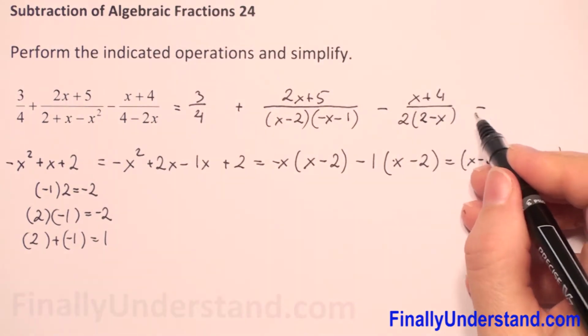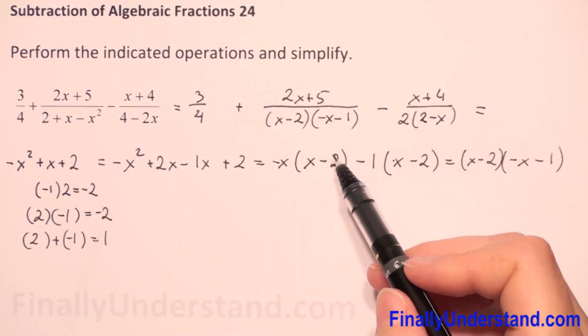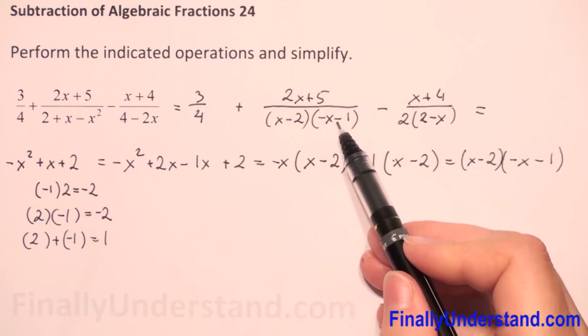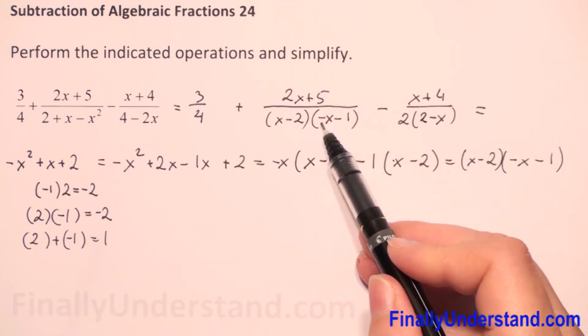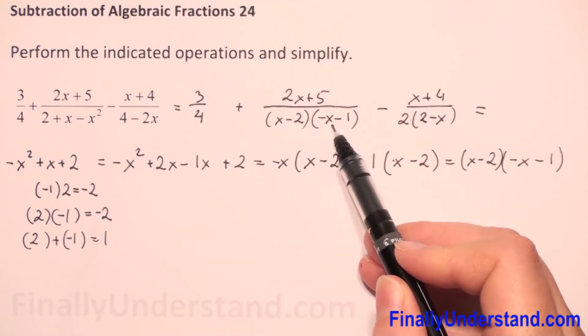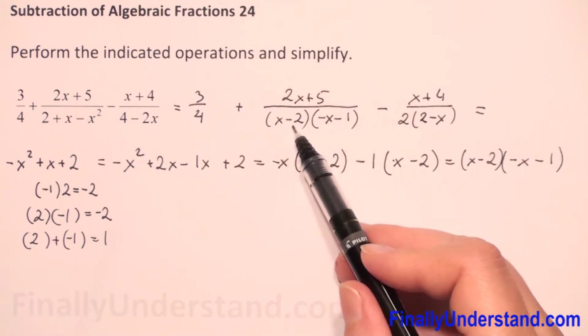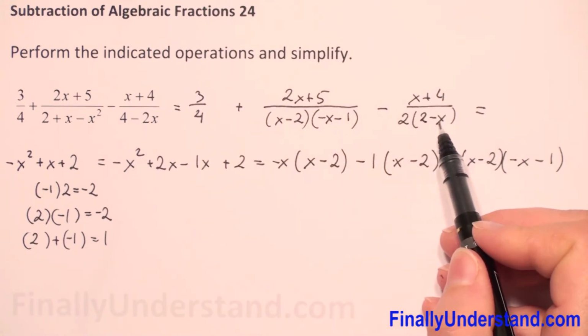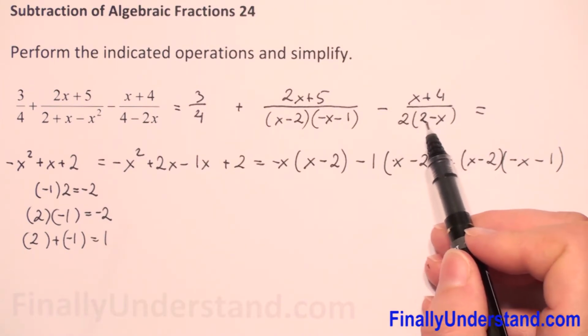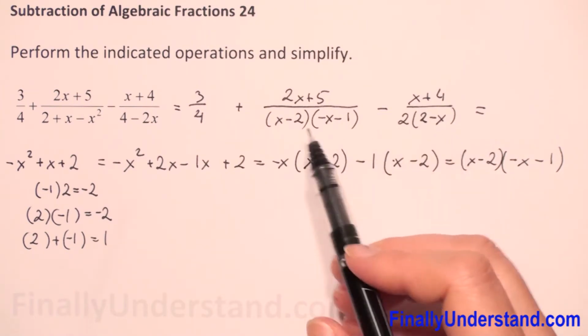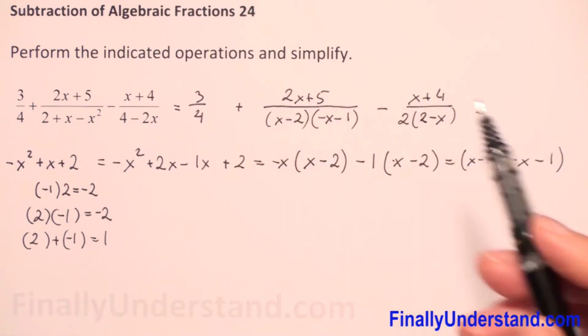So let's see what we can do next. Because we have negative and negative, I can factorize the negative sign from this term. And what else? We have x minus 2 and 2 minus x. So if I factorize the negative sign from 2 minus x, I will have exactly the same as what I have here.